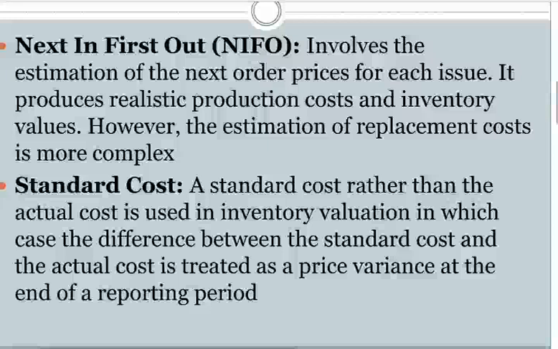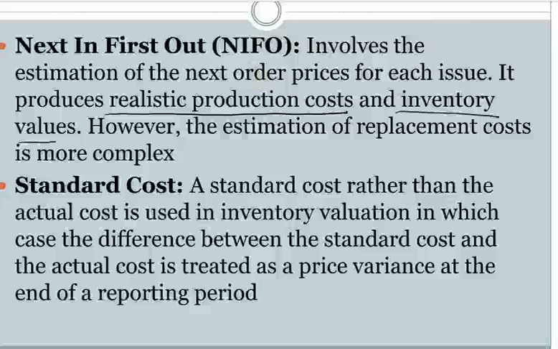So what this method actually gives as an advantage is that you are going to produce realistic cost of production. At the same time, you're going to produce realistic inventory value, because the figure that you have used to cost or value your inventory will be closer to the current market.